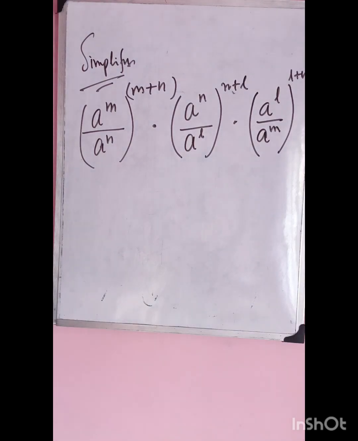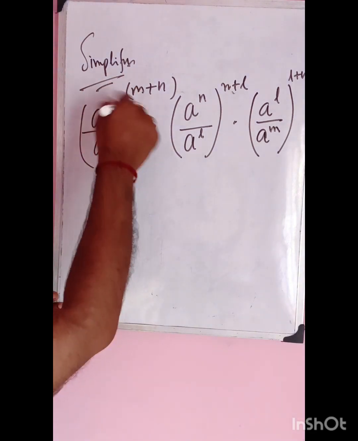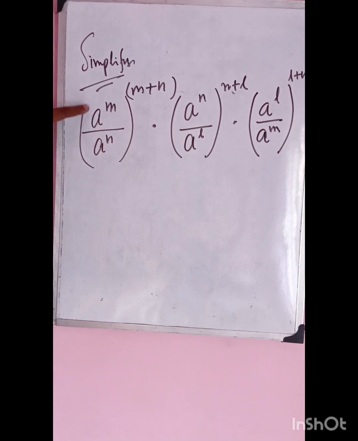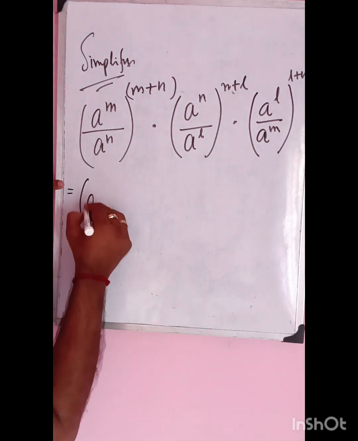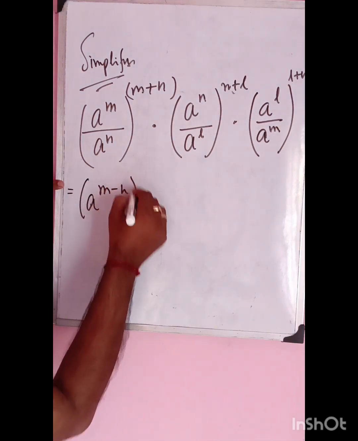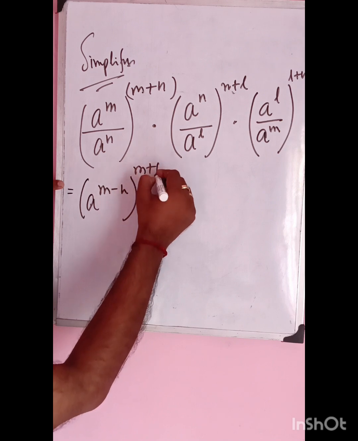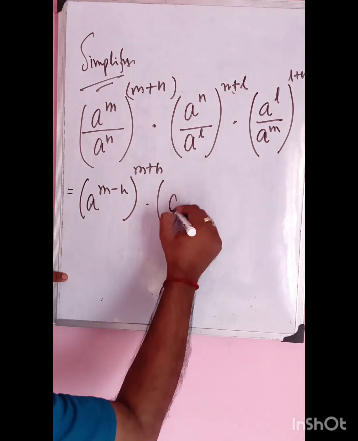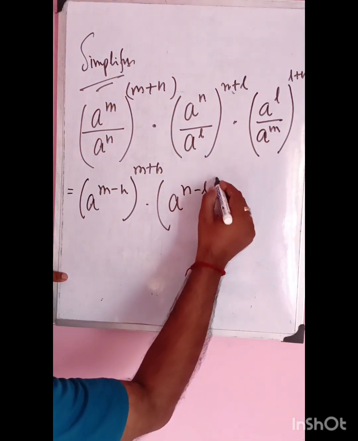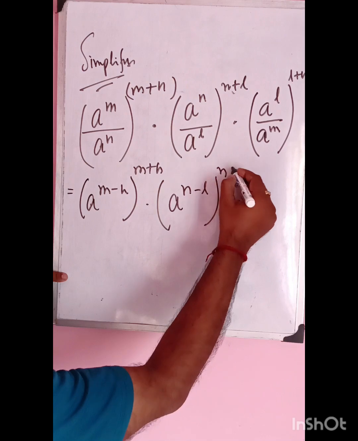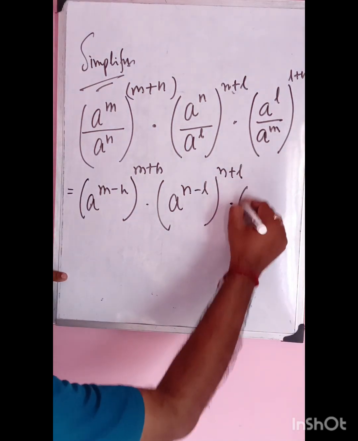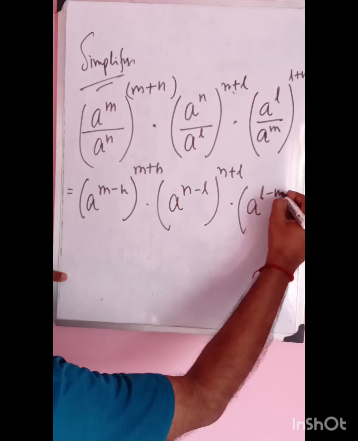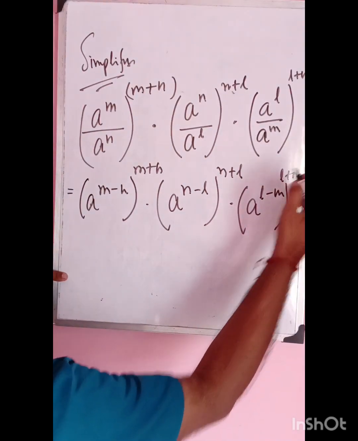How to solve? First, what is within parenthesis? a to the power m by a to the power n, so it becomes a to the power m minus n. This remains same. Again, a to the power n minus l, to the power n plus l, and a to the power l minus m to the power l plus m.